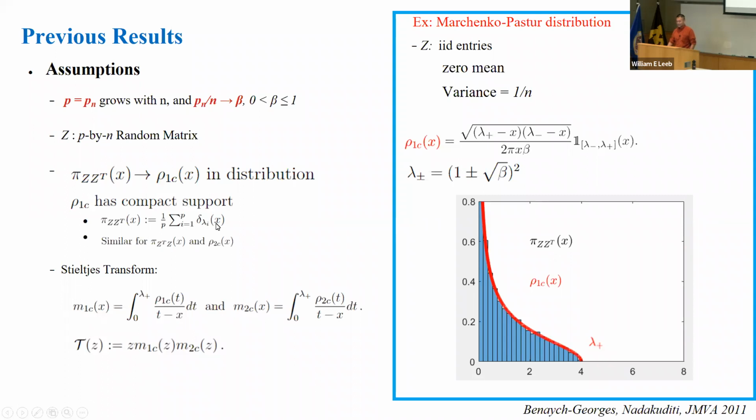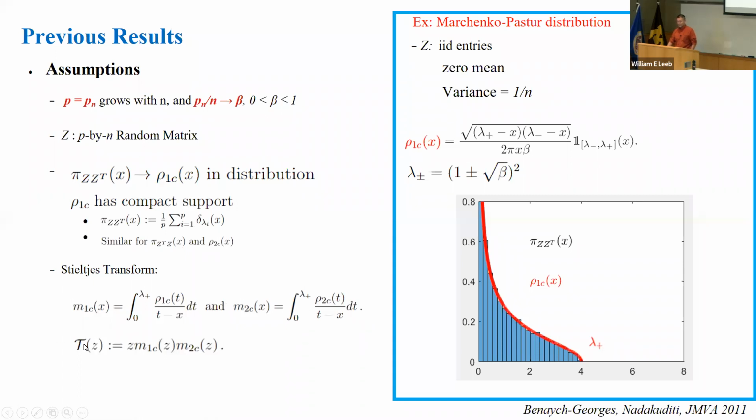Similarly, we have this notation for the empirical distribution of Z transpose Z, and it will converge to rho 2C, which also has a compact support. We denote the Stieltjes transforms respectively: N1C is simply the Stieltjes transform of rho 1C, and N2C is the Stieltjes transform of rho 2C.